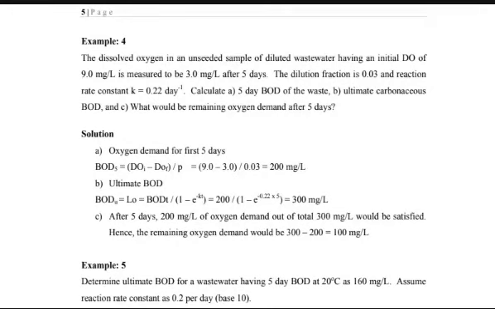If the temperature data is mentioned, then we need to correct the k. Here they have not mentioned any temperature or other conditions, so forget about it. We take k as it is, 0.22. Once you take k as 0.22, t as 5, and BOD5 as 200, you will get the value. What will be the value? 300? 300, sir. Yes, correct.